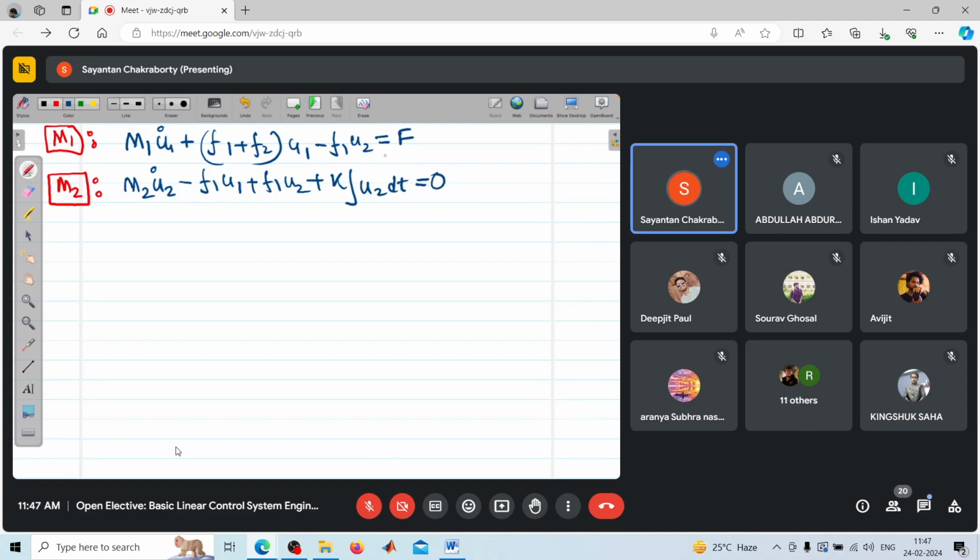Now, if we want to achieve the force current analogy, I have to represent this system in terms of its equivalent components.